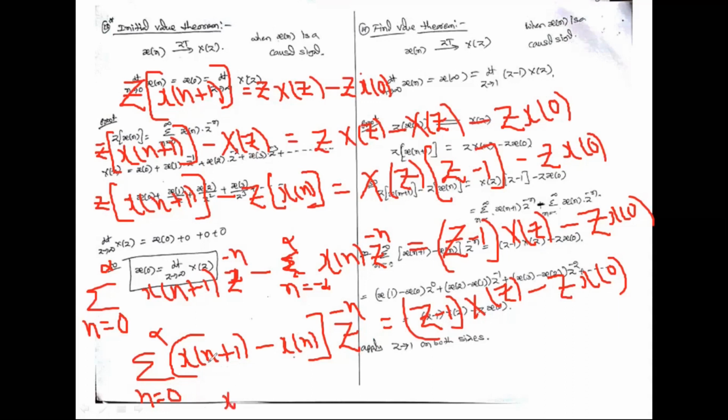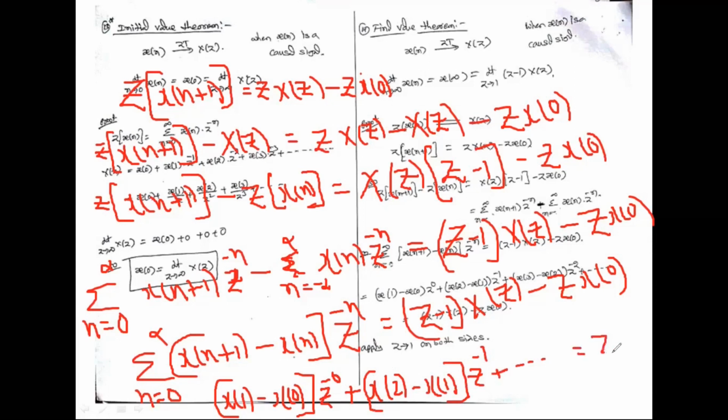So x of 0 plus 1 is x of 1 minus x of 0, whole multiplied with z power minus 0 as the first term, plus the second term: n is 1, 1 plus 1 is 2, x of 2 minus x of 1, whole multiplied with z power minus 1, plus so on.